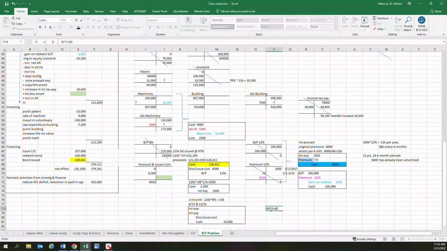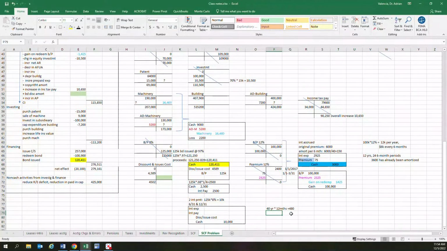It'd probably be easier to just multiply it by the number of months. So you've got a 40-year bond times 12 months. That gives me 4,800, right? Months. I'm sorry, 480 months. Okay. So that's a total of 480 months for the whole bond itself of amortization.